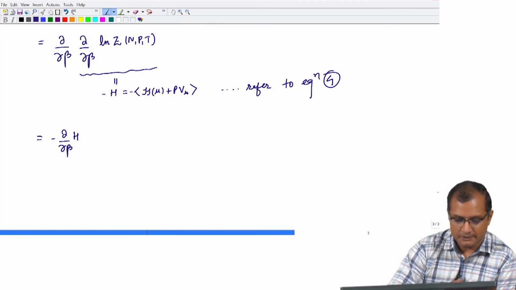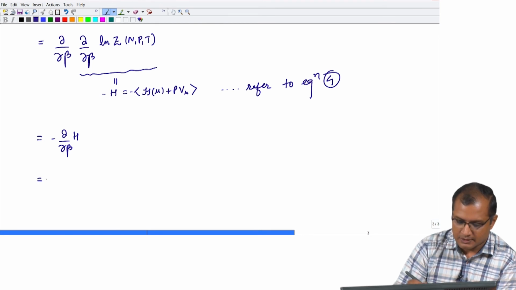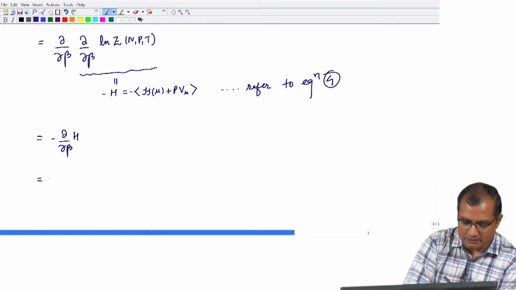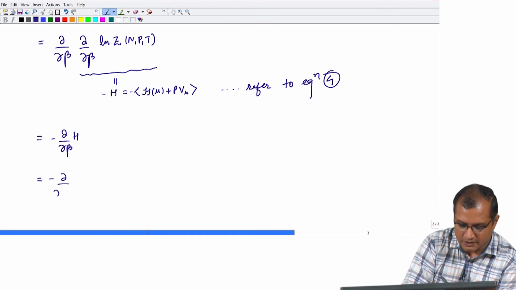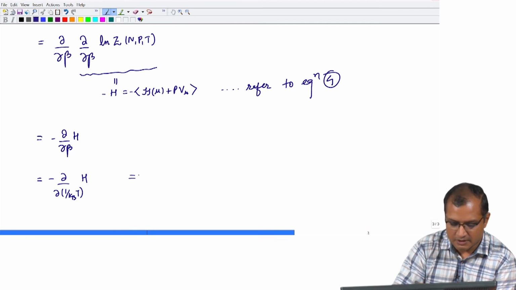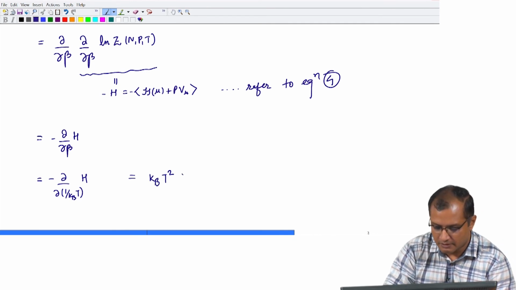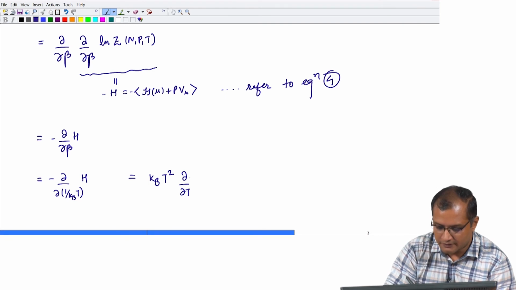think of it this way, that d over d beta is nothing but minus d over d of 1 by k b t of enthalpy, which, if I pull out kb in the numerator, simply becomes kbt square d by dt of your enthalpy.